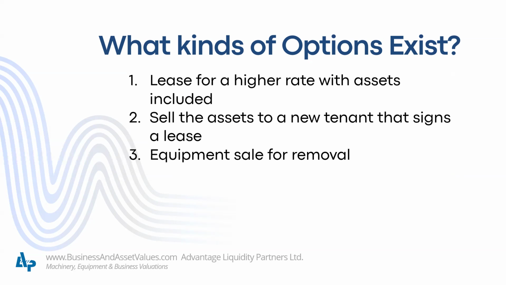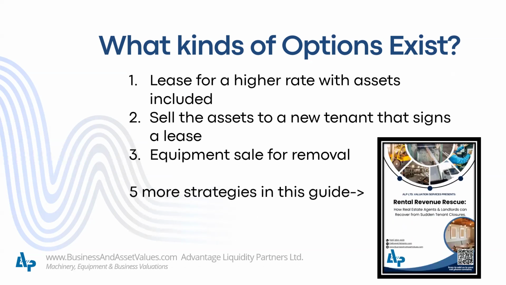Again, another arbitrage scenario for profitability. So there's actually 5 more strategies that we put together in this guide for real estate agents, called Rental Revenue Rescue, which talk about different ways that a real estate agent can help a landlord return to profitability or earn money from a vacant location that's resulted from a tenant closing up a business.